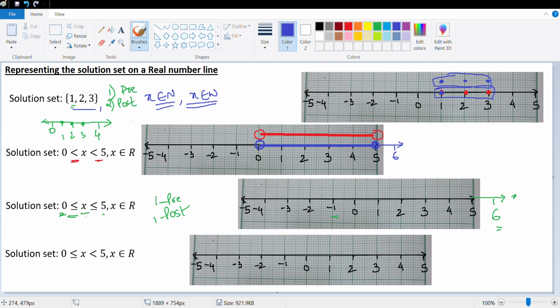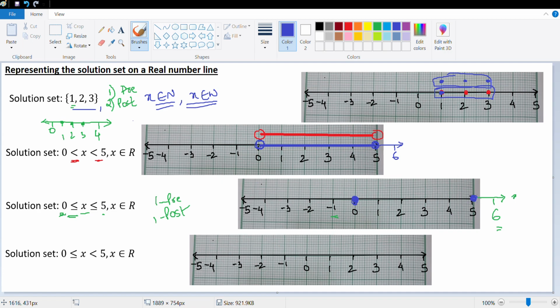I have to put x is more than or equal to 0, which means 0 is included. So when it is less than or equal to, or more than or equal to, then I put a filled circle, a filled small circle, and 5 is also a filled circle because it includes 5.